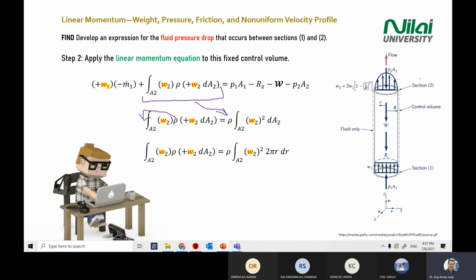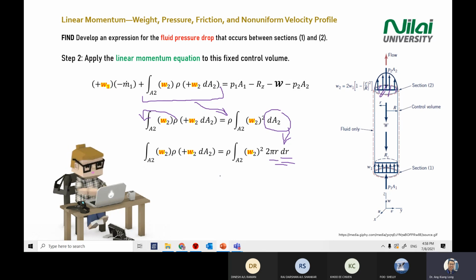In this case, because the area is not given, you need to convert the dA in terms of dr, because dA equals 2 pi r dr. We've seen this kind of question before in the first session when we dealt with the continuity equation. Again, if you're not clear how to convert dA to 2 pi r dr, go and watch the previous session for the continuity equation when we deal with parabolic flow.